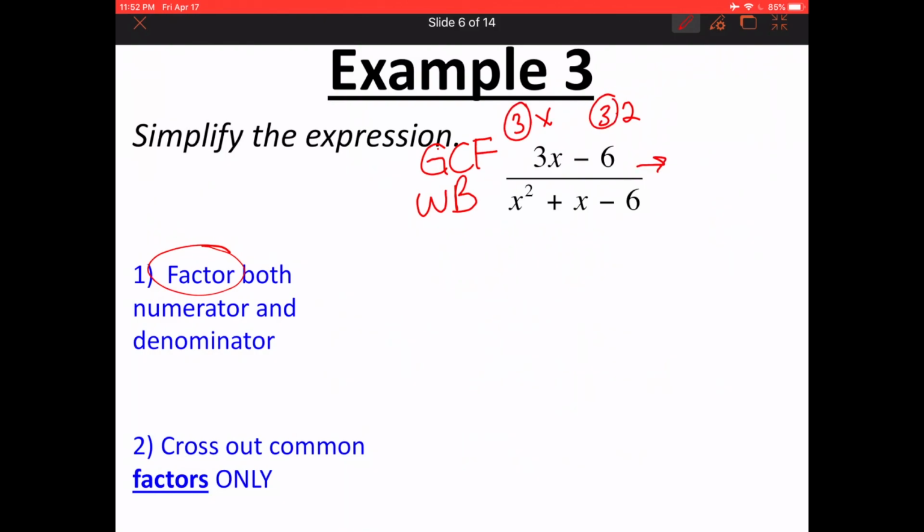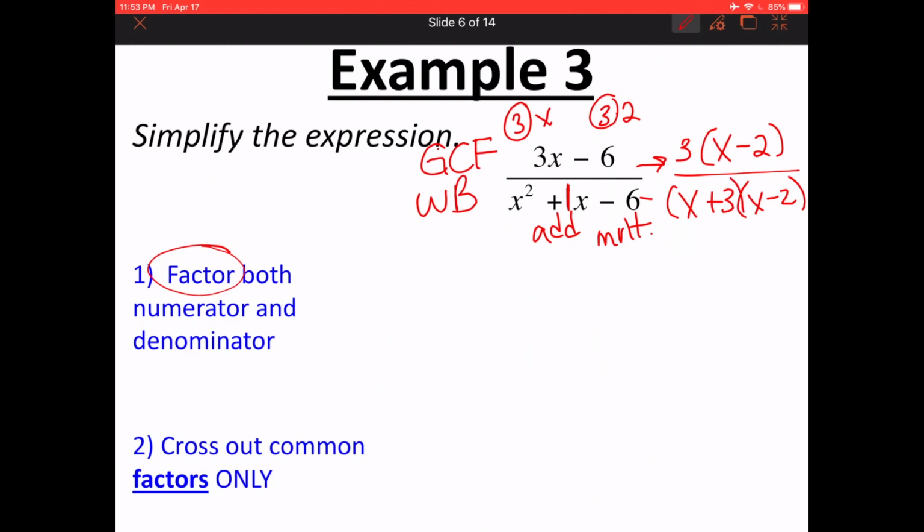So that means that I have 3 times x minus 2 in the numerator. And for working backwards, I need two numbers that add up to 1 and that multiply to -6. So my two numbers are going to be +3 and -2. Okay, so I have now factored everything.